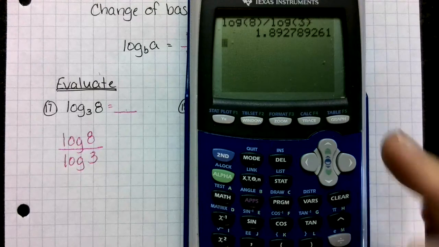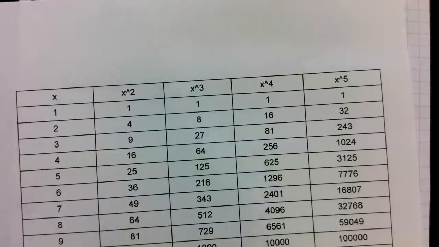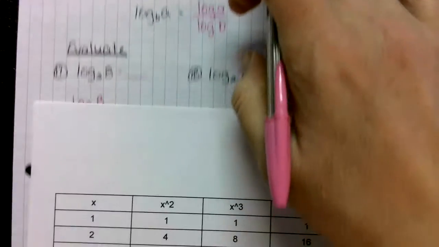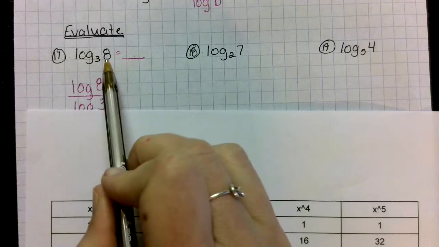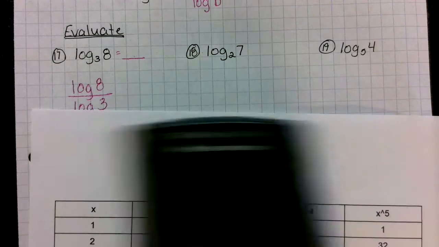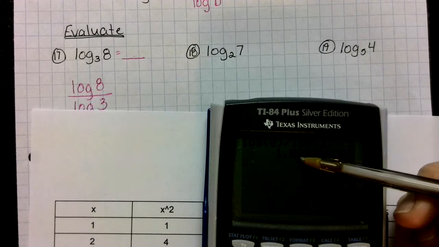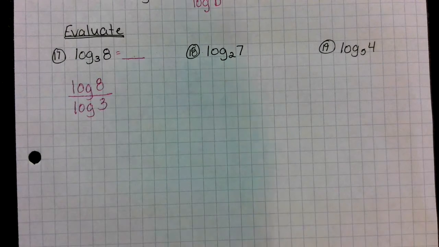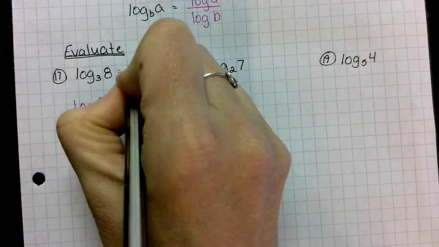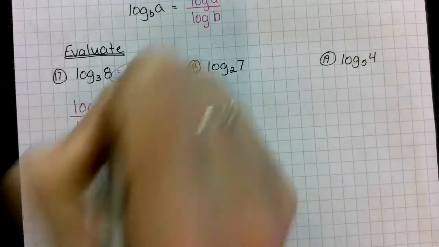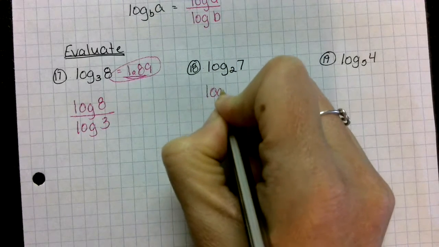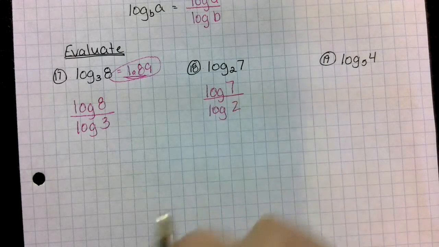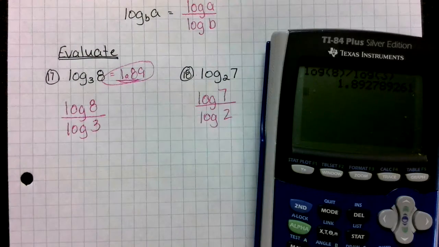And hopefully this answer makes sense because look, if we raised 3 to the power of 2, we got 9. We want to raise 3 to some power to only get 8. So it should be pretty close to 2, which in this case it was. So hopefully that kind of makes a little bit of sense. So I got 1.89.